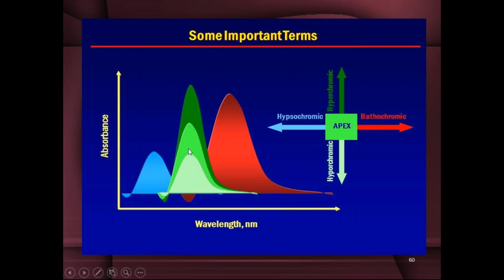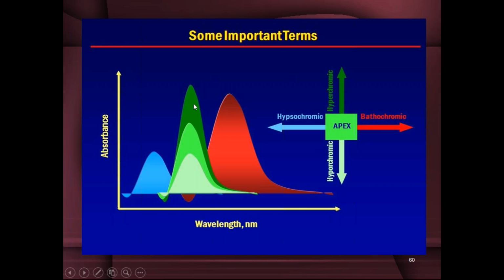Say, for example, when OH attaches to the benzene ring, then you see a bathochromic shift. Similarly, if you have a hypsochromic shift, instead of this light green peak, you get the blue peak. That is, it has shifted to shorter wavelengths. What is the hyperchromic effect? You see the dark green peak. So there is an increase in intensity of the absorption.